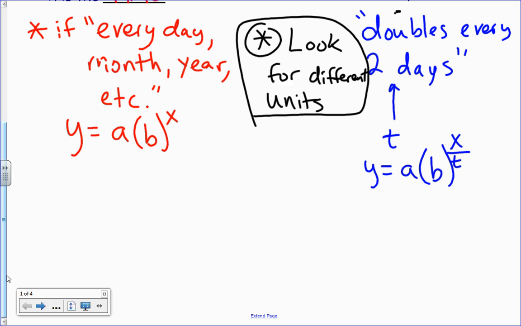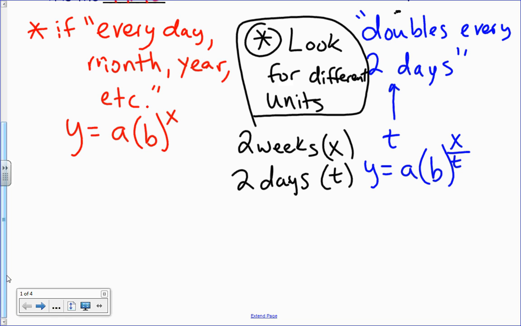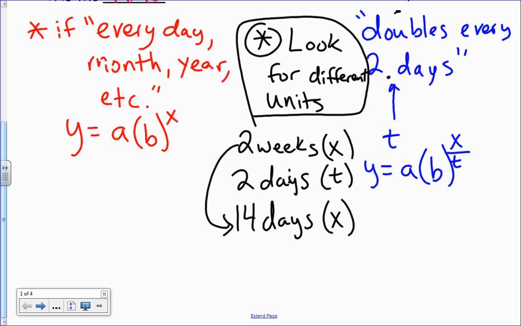Okay, so if you had 2 weeks, and that's your X value because that's total time, and you had 2 days, and that's your T value because that's how long it takes to repeat. I'm talking about this example right here. Okay, you got to convert weeks into days. All right, in 1 week there's 7 days, so in 2 weeks there's 14 days. So this 2 weeks needs to become 14 days, so your X value would be 14. You got to have the same units in that fraction.